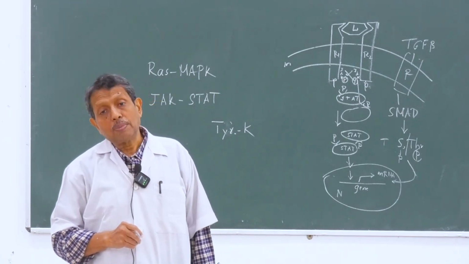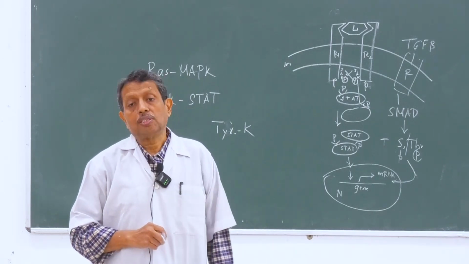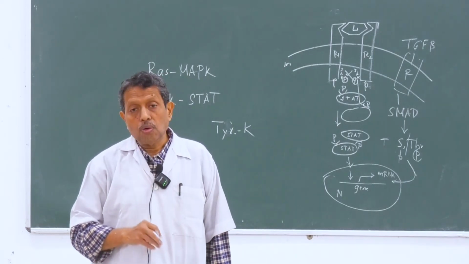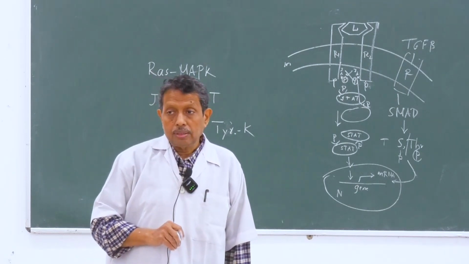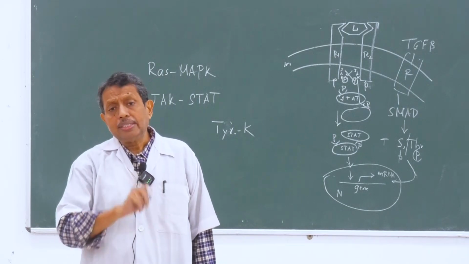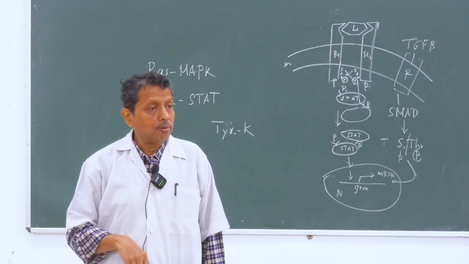There are some quick effects upon the neurons that cannot be explained by this slow process. So it has some action over the membrane. Clear?